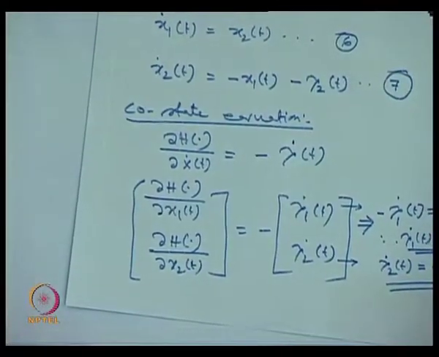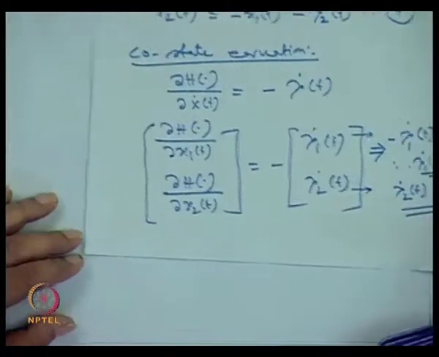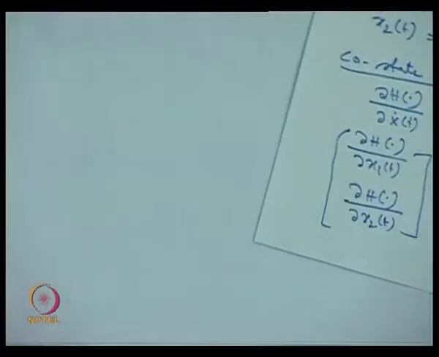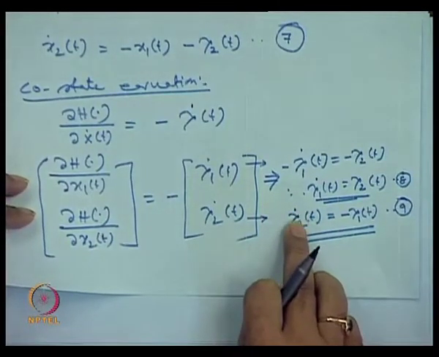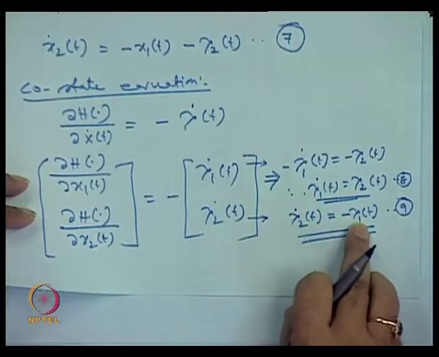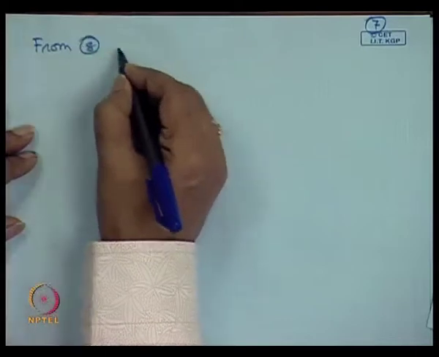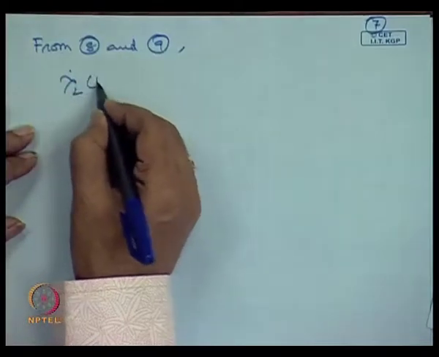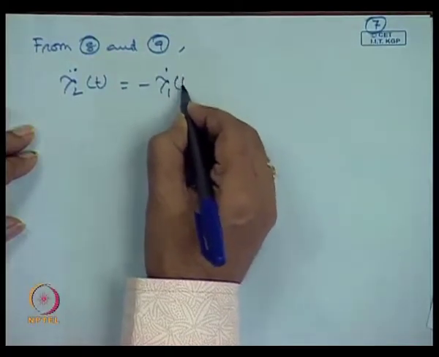Now, from equations 8 and 9, if you differentiate with respect to t, lambda2 dot is equal to minus lambda1 dot. So, differentiating lambda2 dot once again with respect to time t is equal to minus lambda1 dot of t.